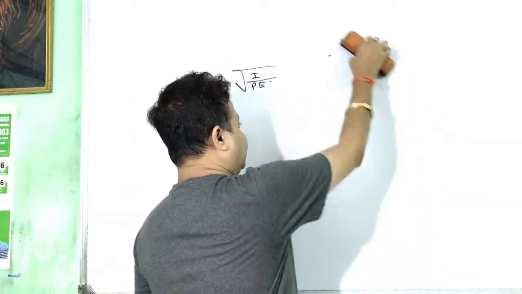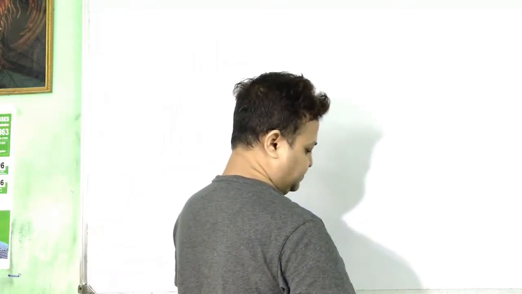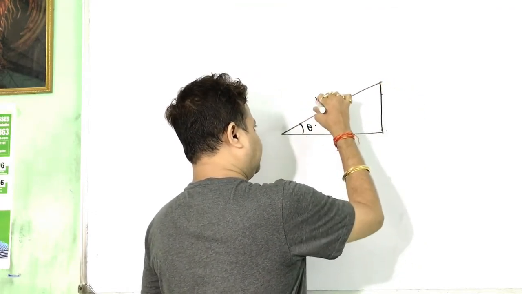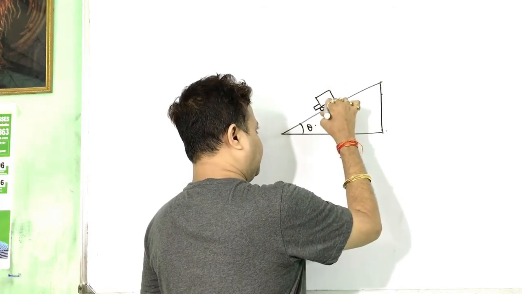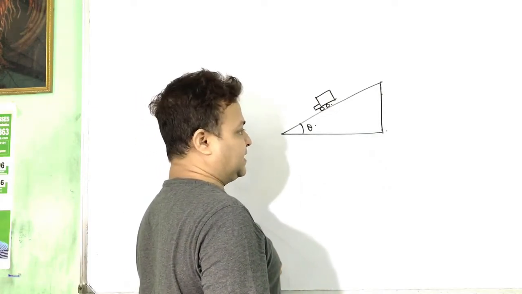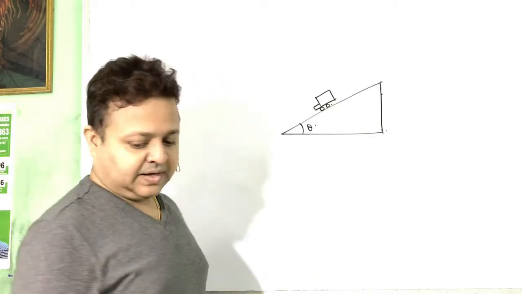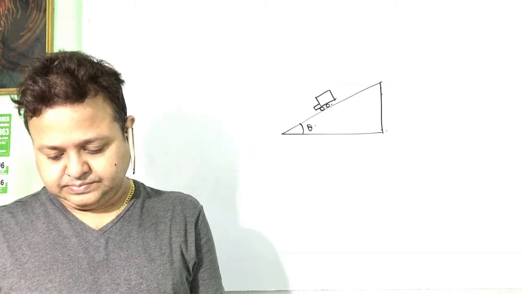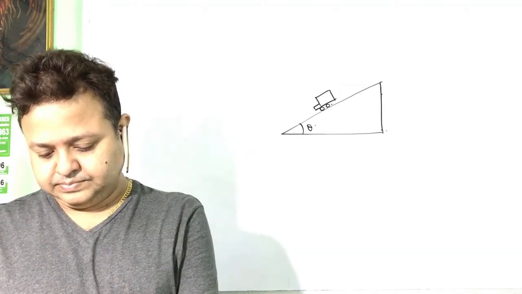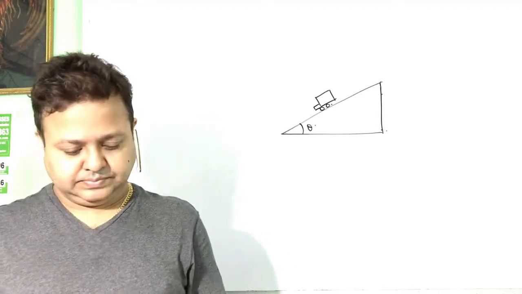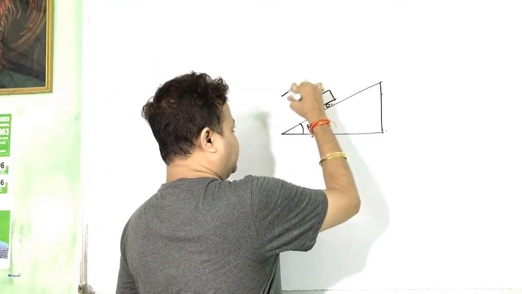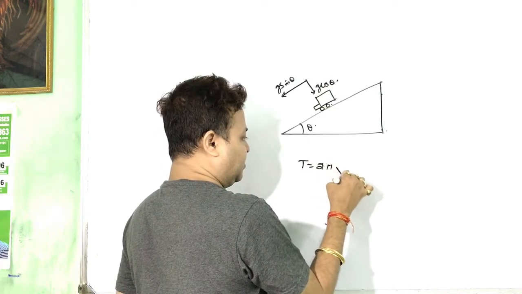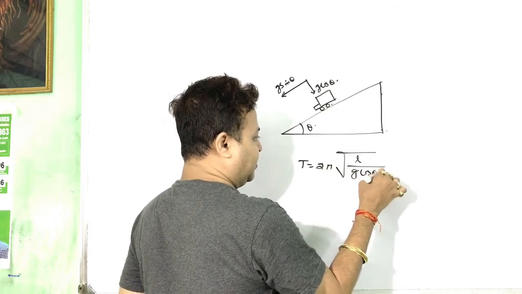And the time period of oscillation of the pendulum: acceleration থেকে দুটো কম্পোনেন্টে ডিভাইড হয়ে যাবে, এদিকে কত আসবে g sin theta and vertically downward to the plane is g cos theta. তাহলে টাইম পিরিয়ড হয়ে যাবে 2π root over of L by the vertical component, that is g cos theta.